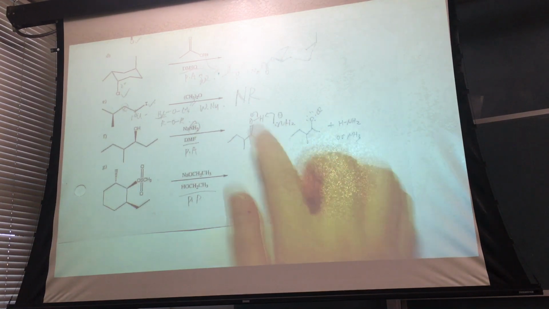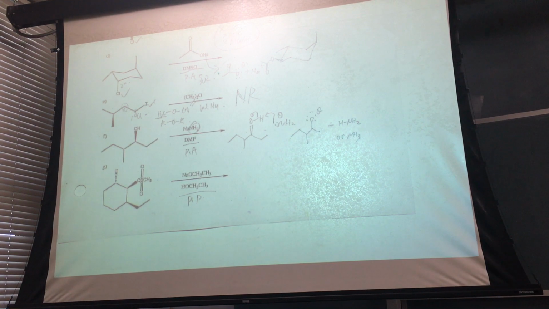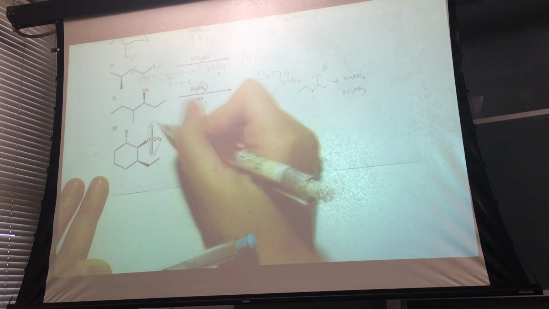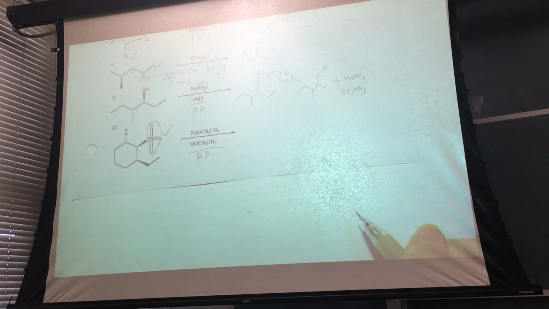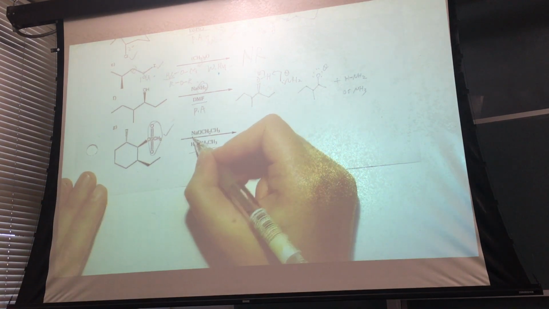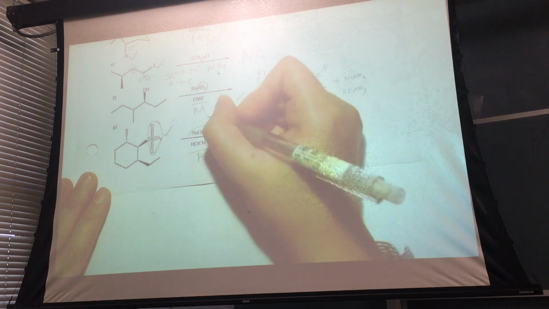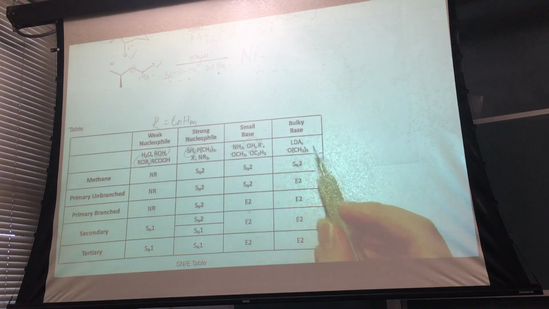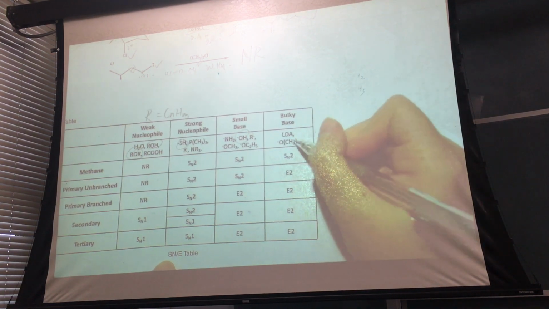This one and this one are tricky, but I do want you to pay attention to that. Okay, last one. This is a good leaving group, and then this one is a small strong base. I heard the question, how do I know it's a small base? Bulky base, at your stage, you only learn these two.